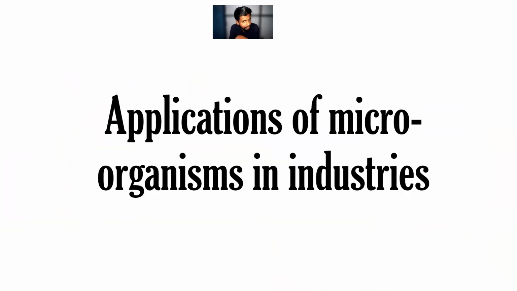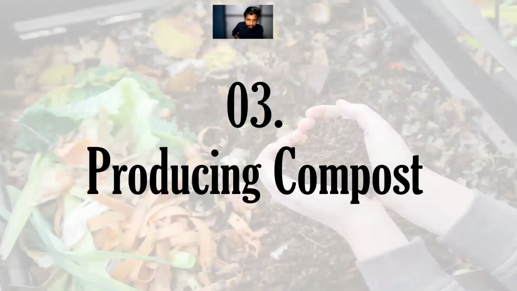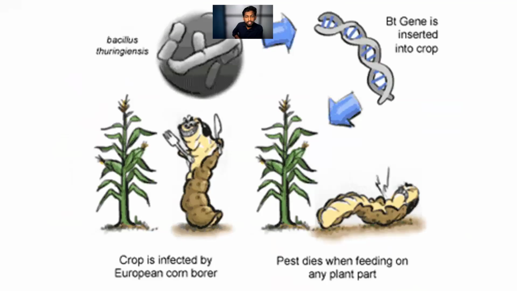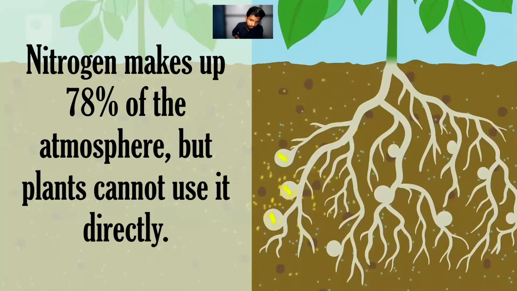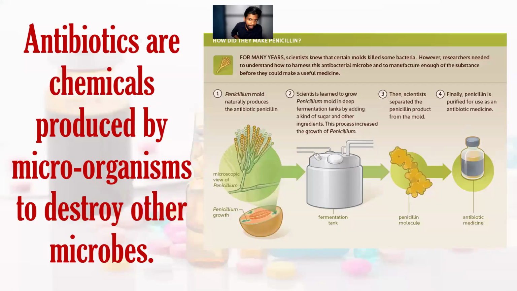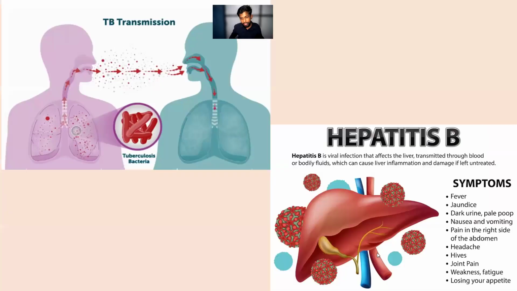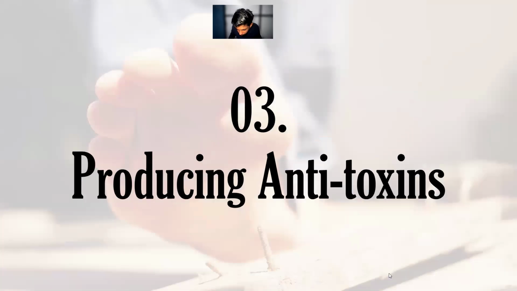Okay. So for that one, in the last question, for the agriculture field, we can say producing the compost, nitrogen fixation, and here the gene technology in the agriculture field. In the medical field, producing the vaccine, producing the antibiotics, producing the antitoxin. These are the answers for that one. We'll move to the question, right?